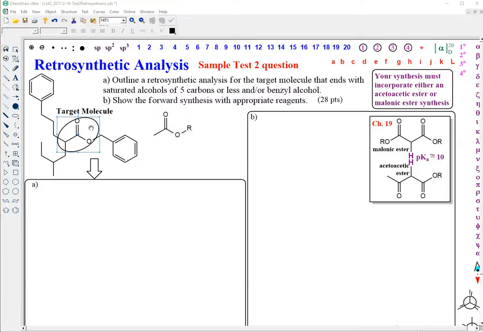I've circled the acetic acid portion here. If you recognize you have a derivative of acetic acid, that indicates you will be using a malonic ester synthesis. And you will be putting on two groups.